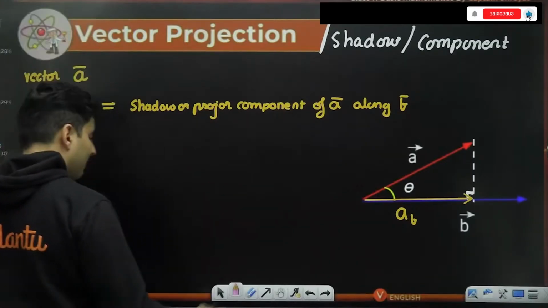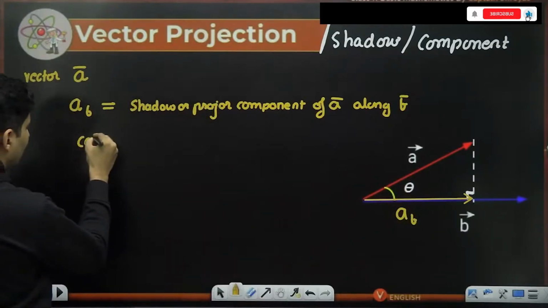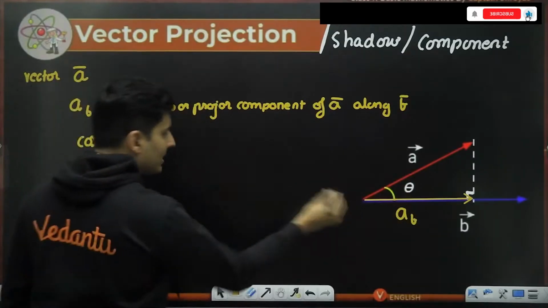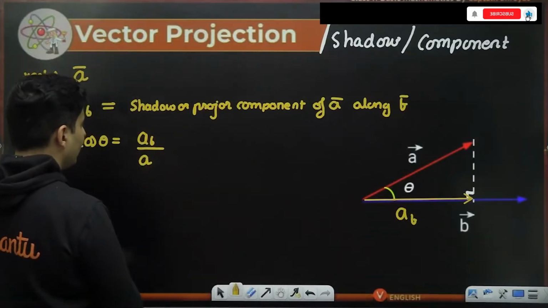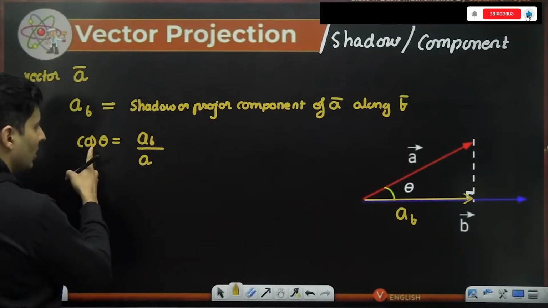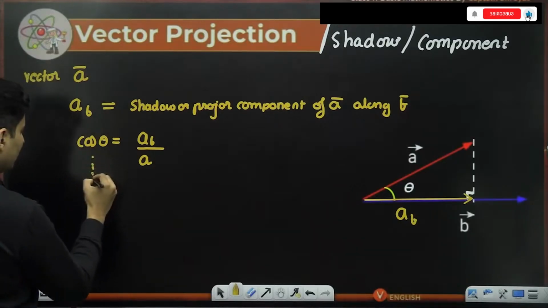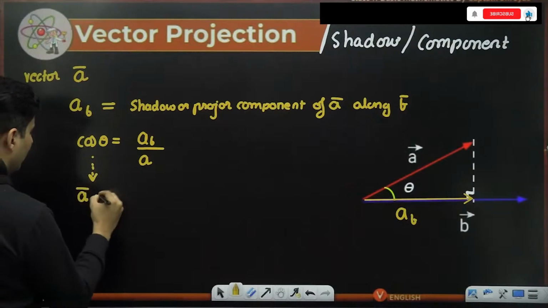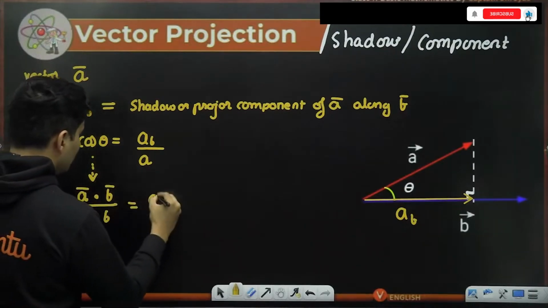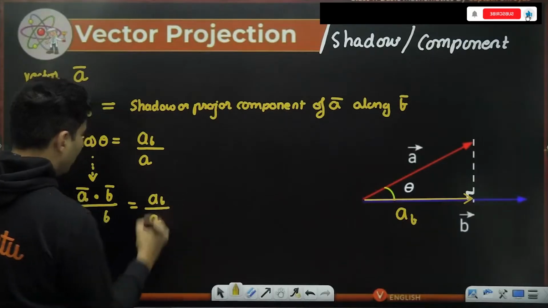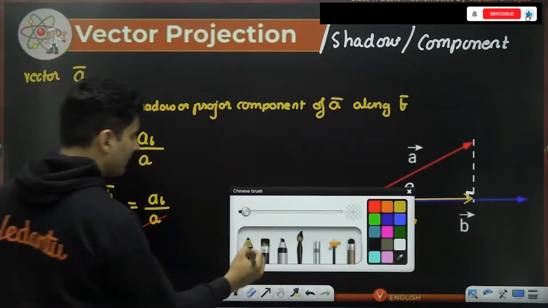How do I find out the value of them? It's simple. If you look at the triangle over there, cos theta is the adjacent side, which is A of B, divided by the hypotenuse, having the length A. Now, cos theta I already know. Cos theta is nothing but A vector dot B vector divided by magnitude of A and magnitude of B. So that is A dot B divided by A times B. This A and this A just got cancelled off.